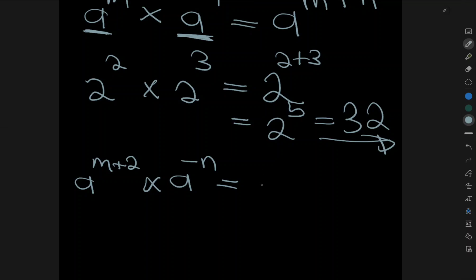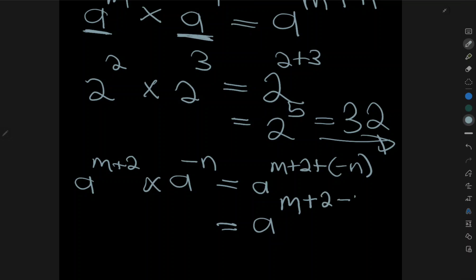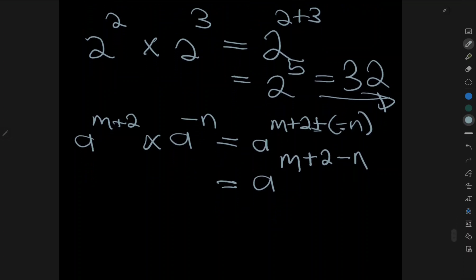So you're just going to say a to the power of m plus 2 plus minus n, and if you solve that, you're going to have a to the power of m plus 2 minus n, since the plus, when it multiplies with the negative, gives a negative value. So that's basically what the first law says.